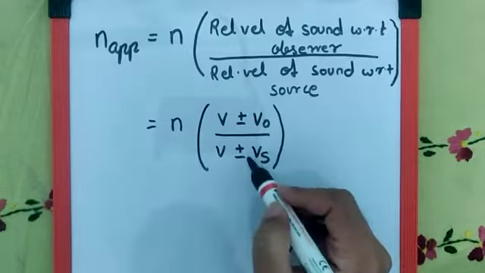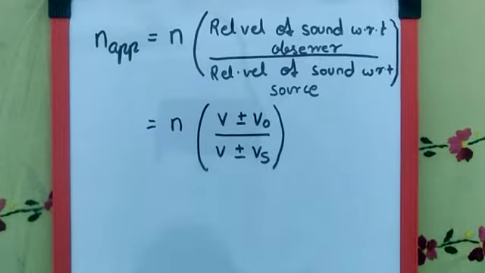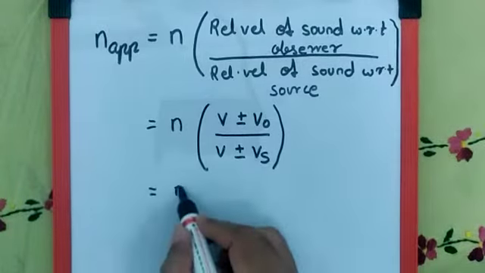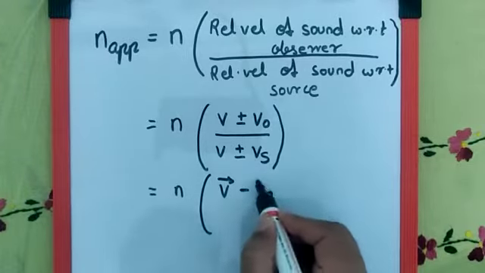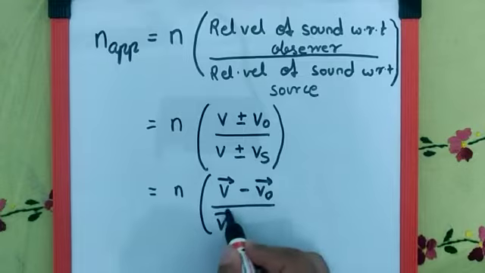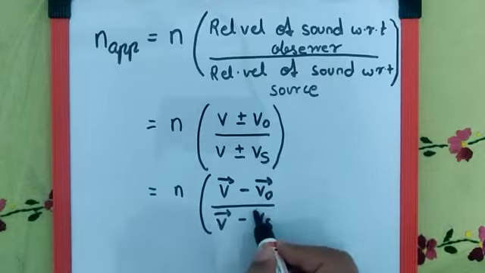Now this plus or minus sign, I hope you understand, it's basically dependent on what direction the source and the observer and the sound is moving. Accordingly we will have it. But in terms of vectors, we can write it as N times V bar minus Vo bar upon V bar minus Vs bar.